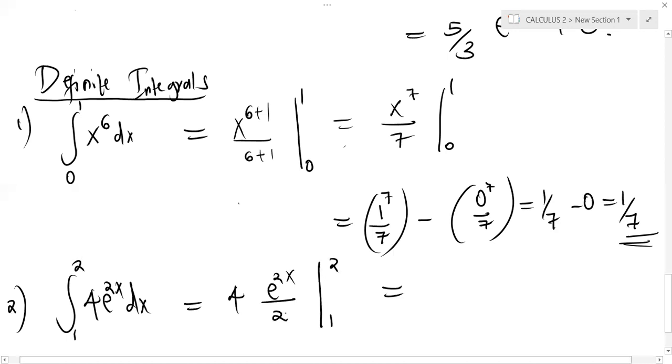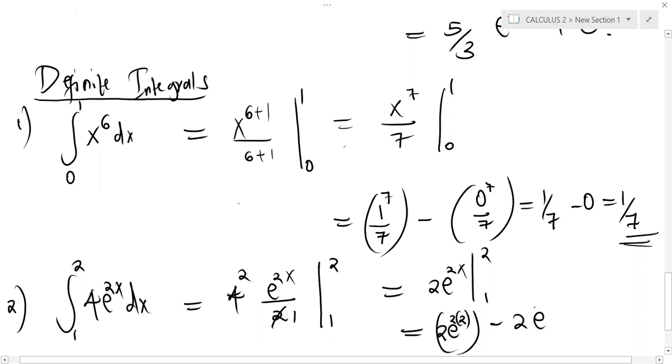If we simplify this, we'll have 2 exponential 2x, integral from 1 to 2. This implies we replace x with 2 the first time, minus we replace with 1. So we will have 2 exponential 2 into 2 minus 2 exponential 2 into 1.